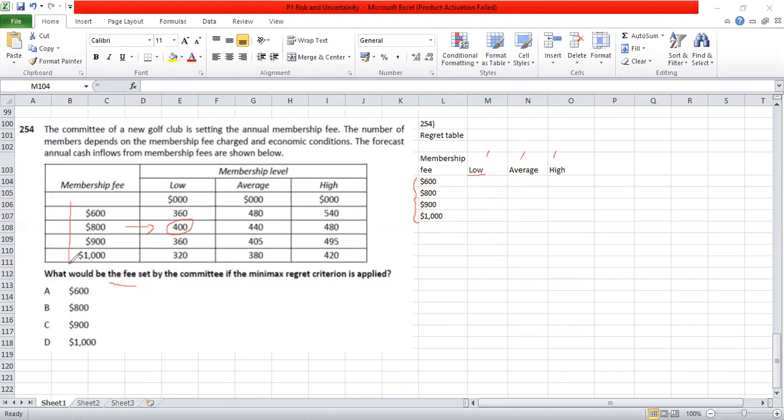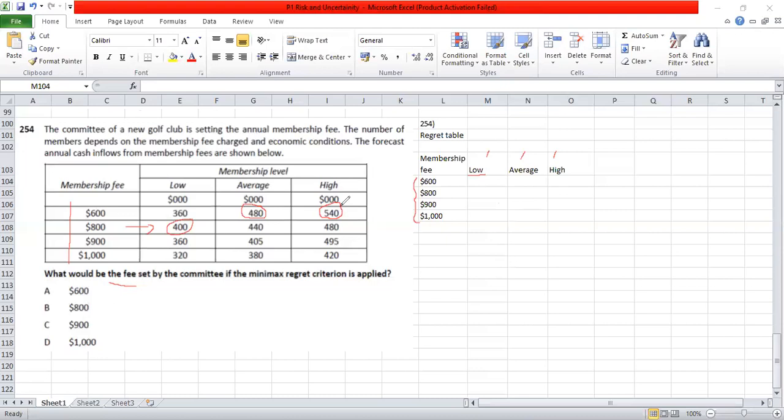If average is prevailing, which fee is better? If high is prevailing, which one is better? So under average, the best one is 480. Under high, the best one is 540. So if they select these, they will be better off.